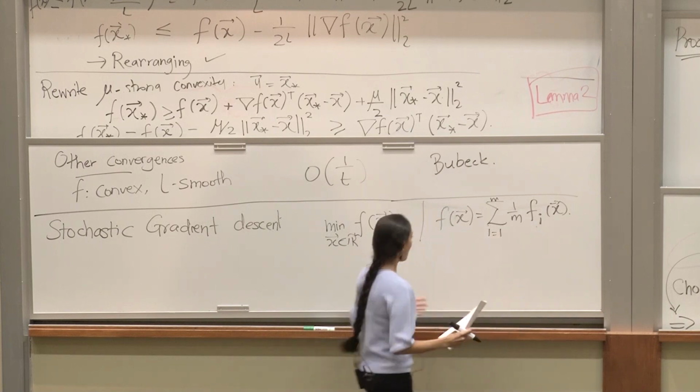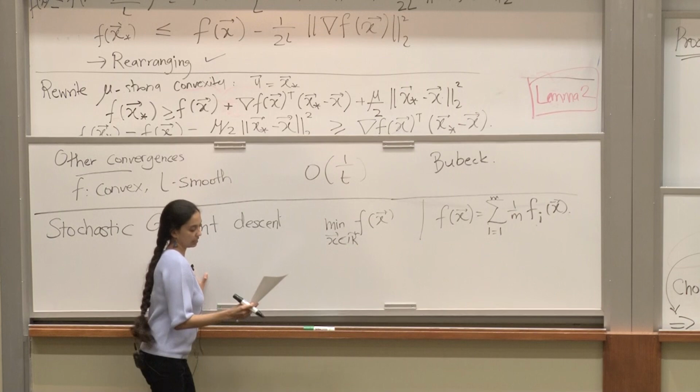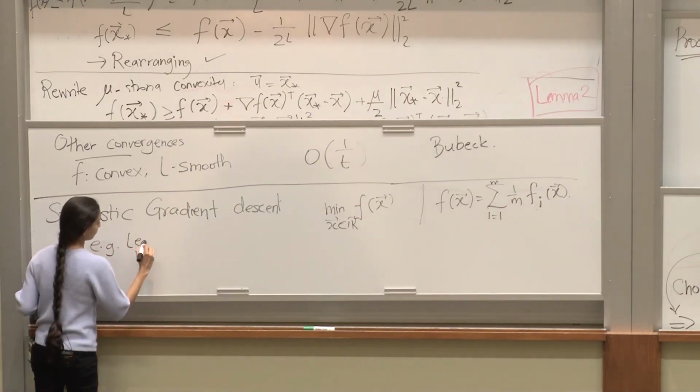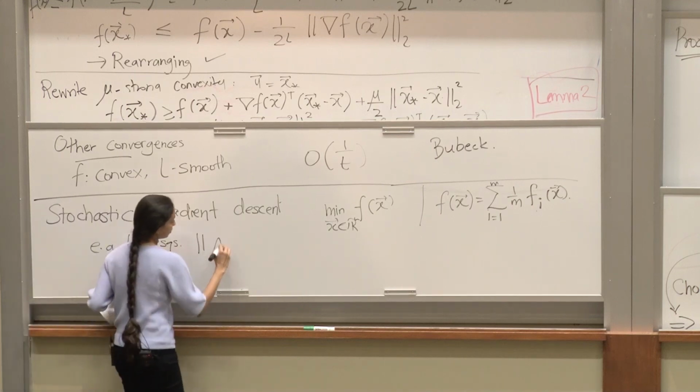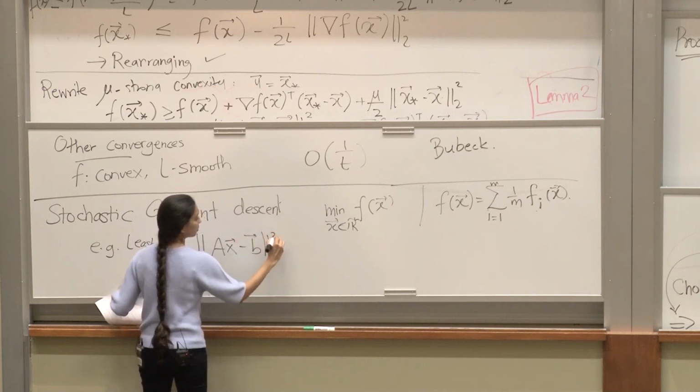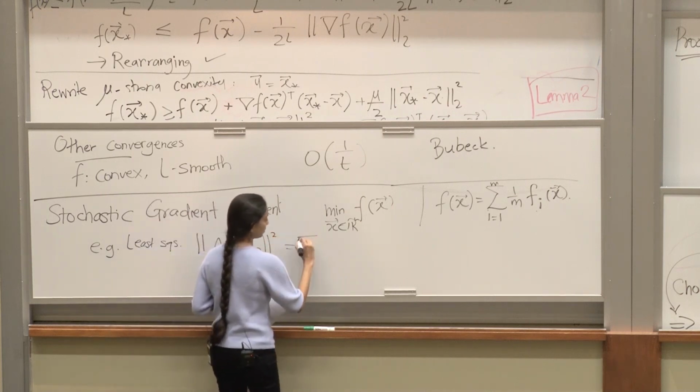To see what I mean by this, as an example, for least squares, typically we think of the loss as the norm of Ax minus b squared, but I can also write this as a sum.